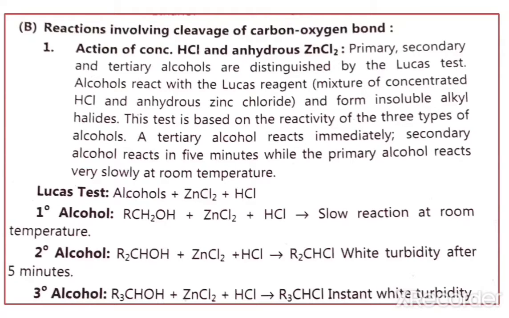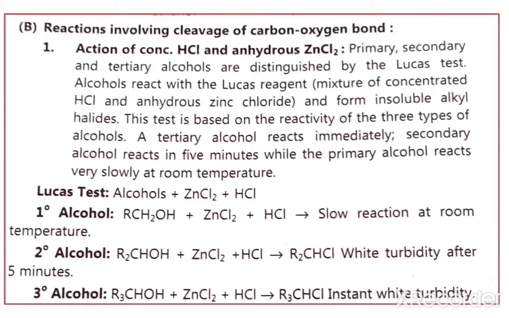Here, the alcohol reacts with the Lucas reagent, which is a mixture of concentrated HCl and anhydrous zinc chloride, and they form insoluble alkyl halides. This test is based on the reactivity of the three types of alcohol: primary, secondary, and tertiary.